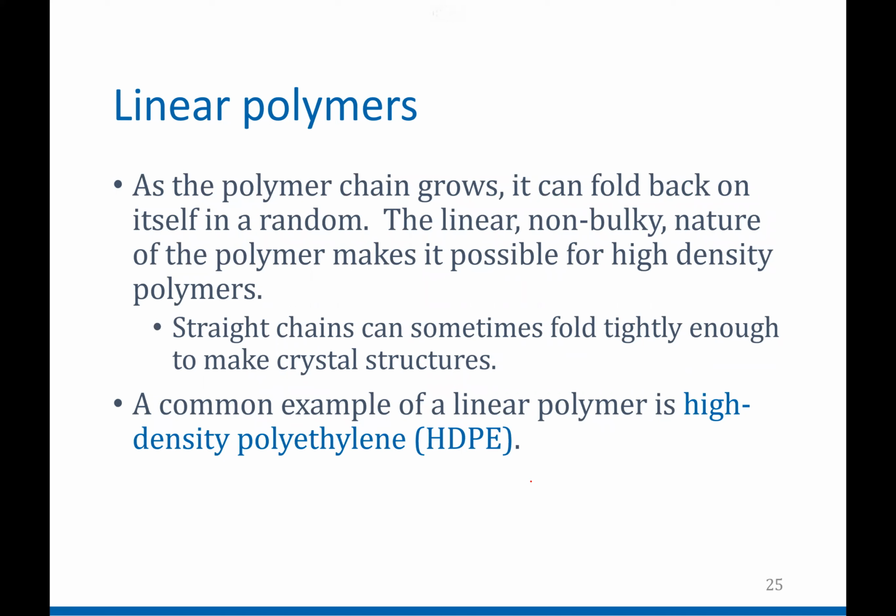And these linear molecules are not so bulky because there's no branches, there's nothing sticking off. Think of folding a sheet of paper. It's not a bulky thing. When you fold a sheet of paper, it goes flat again, and then you fold it again and it's still flat, and you fold it over and over, and the density gets higher and higher. So some linear polymers can create very tightly packed, almost crystalline structures.